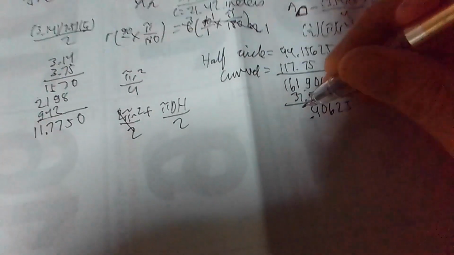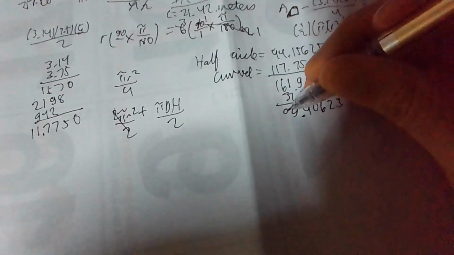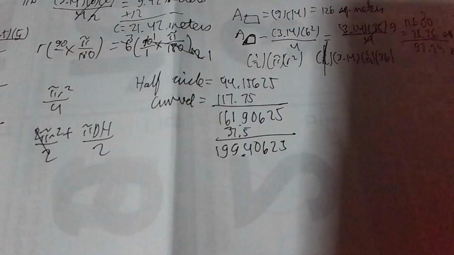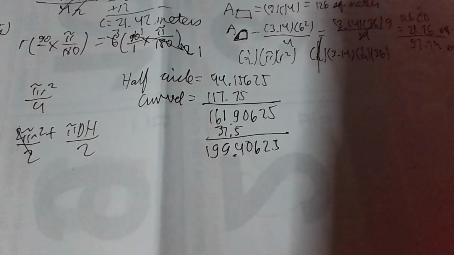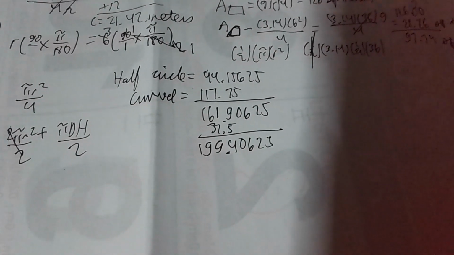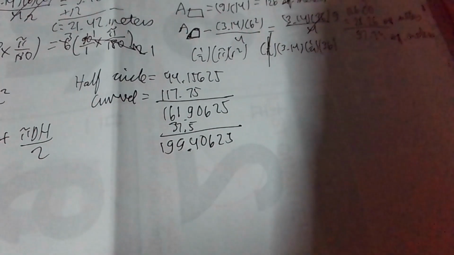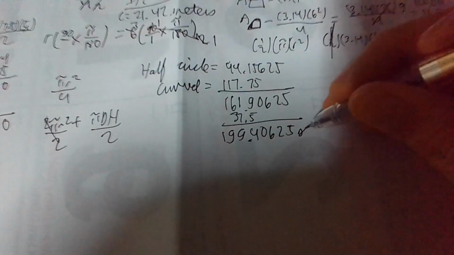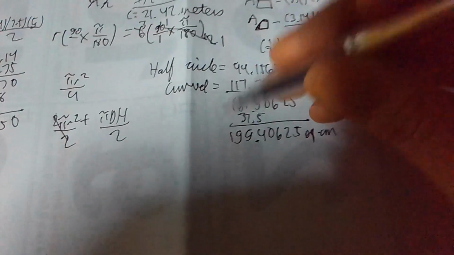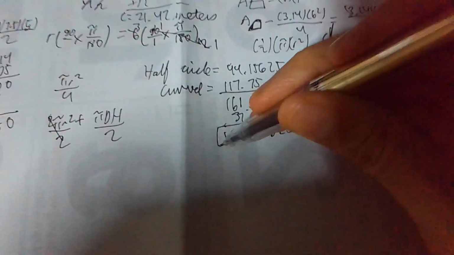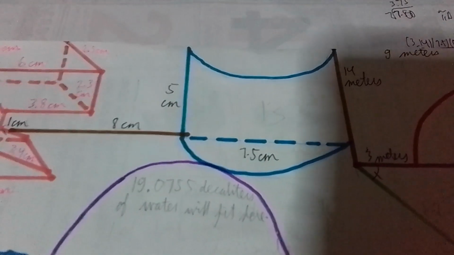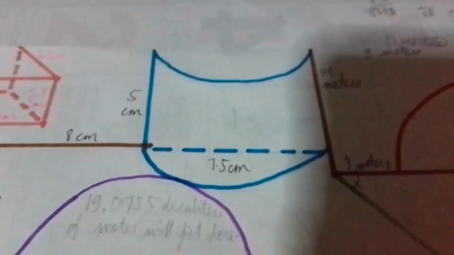And we should get 14, 9, 19. So therefore, that's the surface area. 199.4062 square cm. Alright? That pertains to the surface area, guys.